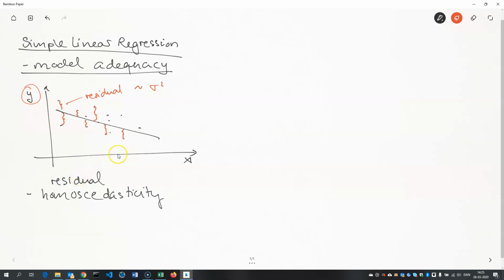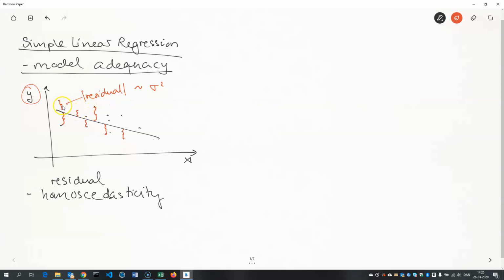And because we assume that there is homoscedasticity in the variance, then we must explore whether there is residual homoscedasticity. And what does this mean, this terrible word? Well, what it means is that there should be no pattern in the numerical value of the residuals.